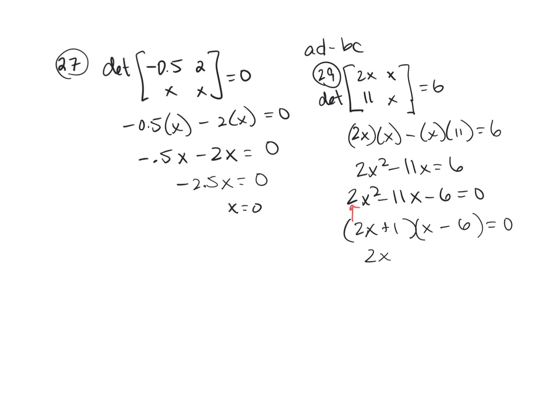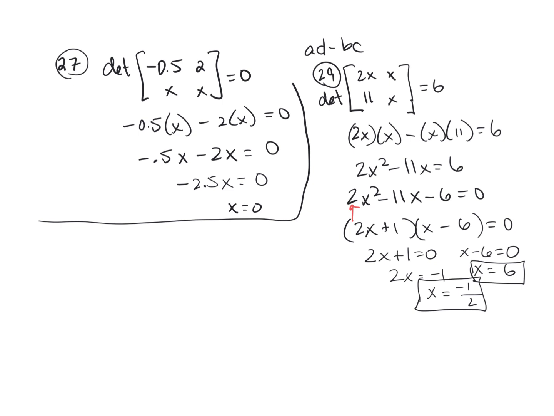Now we take each factor, set it equal to 0, and solve. So we get 6, and we get negative 1/2. So for this problem, we have two answers. Now you know what you could do. Check your work. But that's okay.